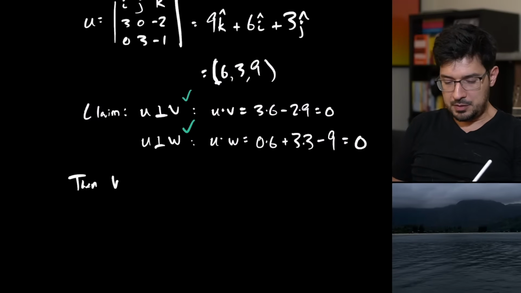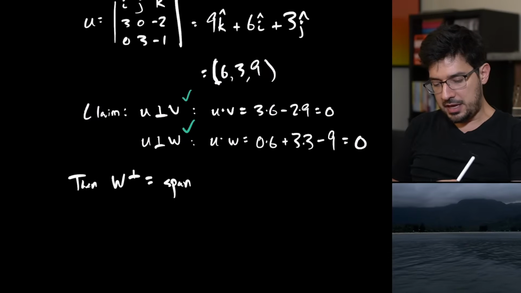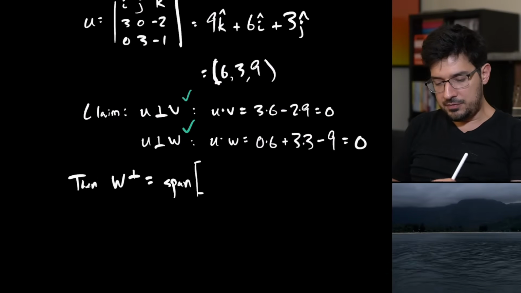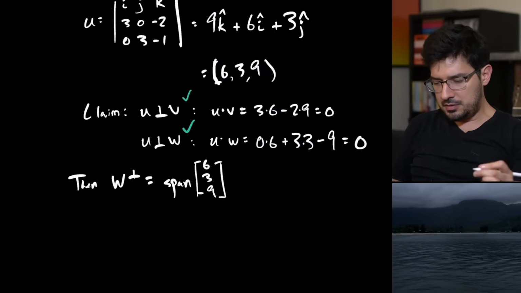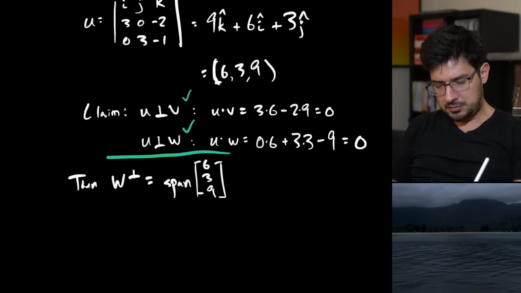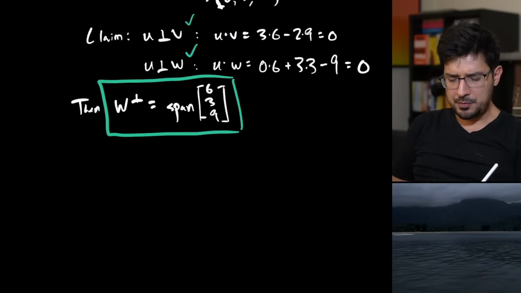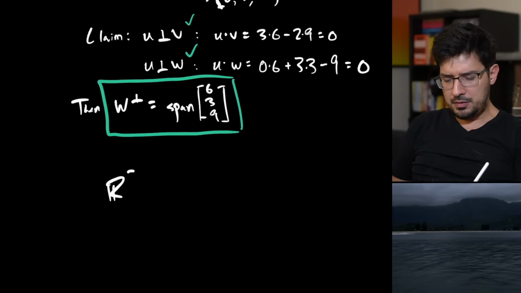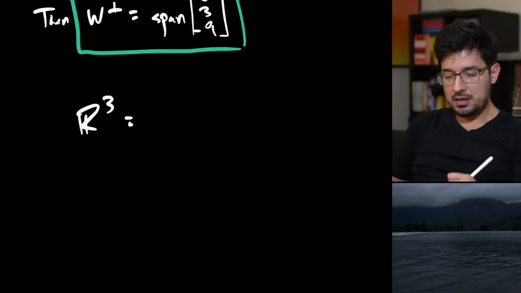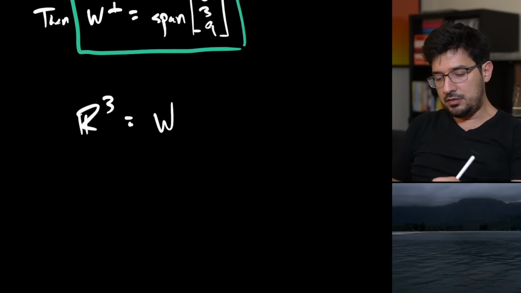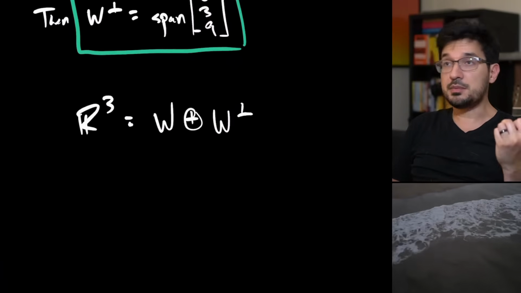Then W perp is the span of this vector 6, 3, 9. Now, as I wrote before, this three-dimensional space R3 is the direct sum of W and W perp.